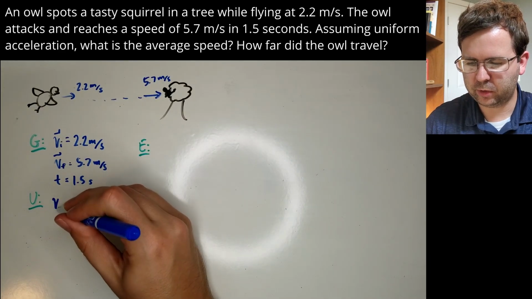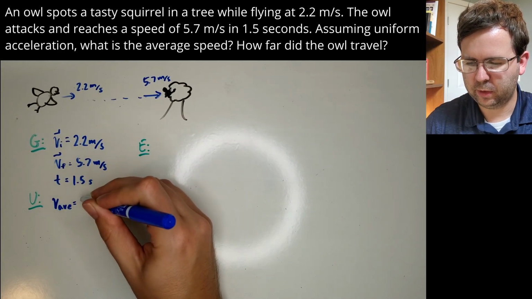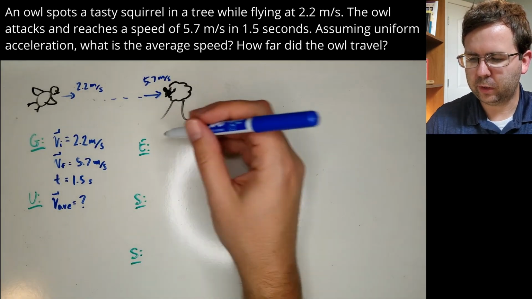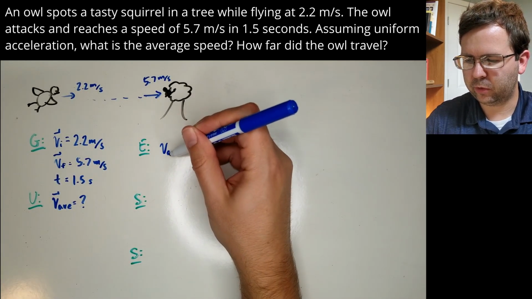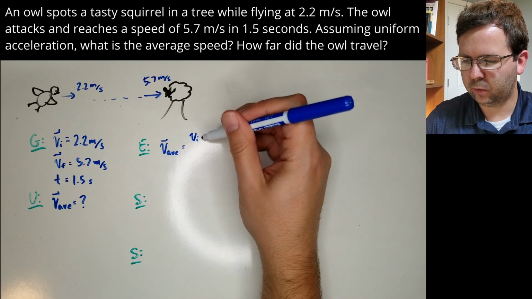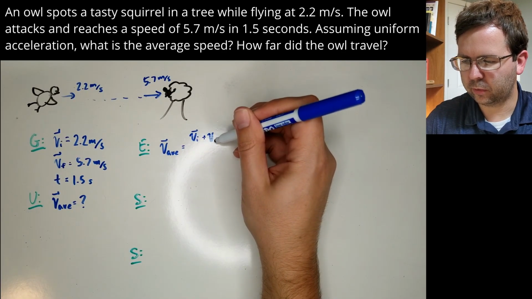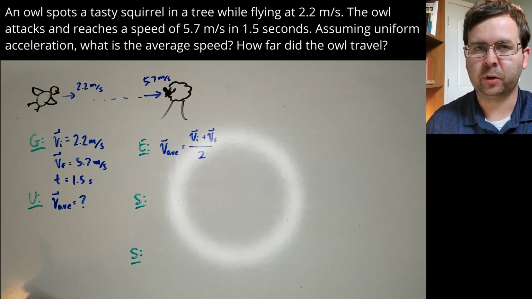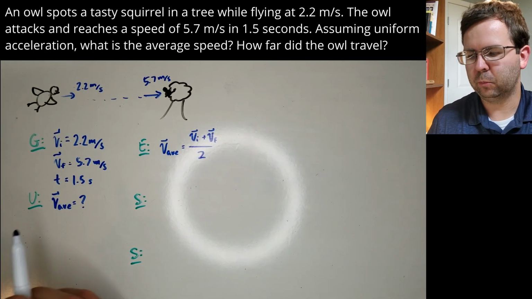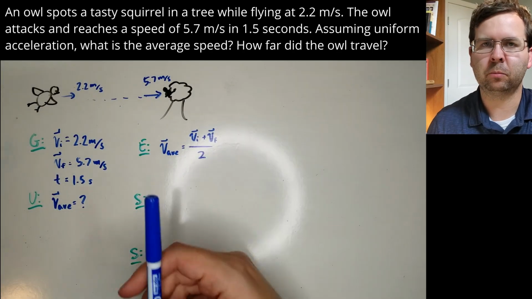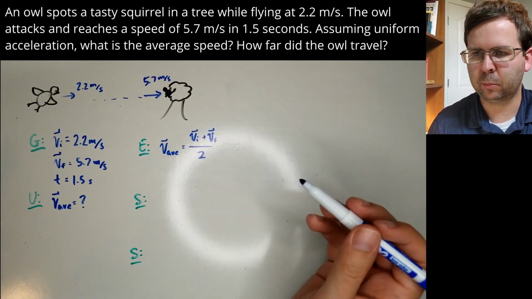Our unknown information here for the first question is, what is the average speed? So we can use an equation for average speed that we just derived, and that is the average speed is the initial speed or velocity plus the final velocity, all divided by 2. This is only possible if the acceleration is uniform, which in most cases it will be for the scope of our class and the problems that we do.